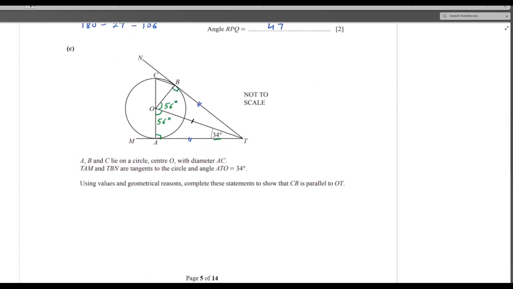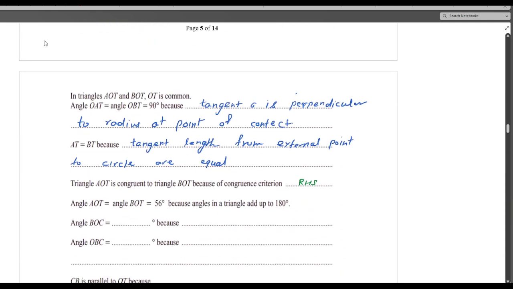Now I need to find out this particular angle BOC. You can see that if I add 56, 56 and angle BOC, they will add up to 180. So angle BOC will be 180 degrees minus 56 degrees minus 56 degrees. So your answer here will be 68 degrees.